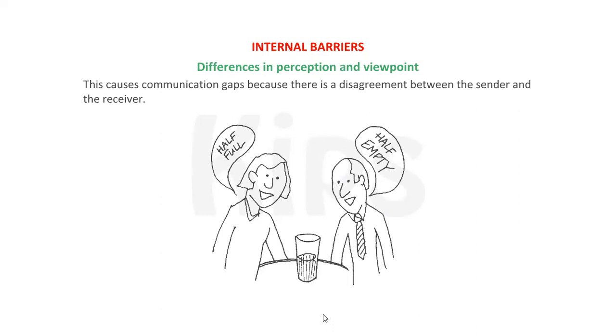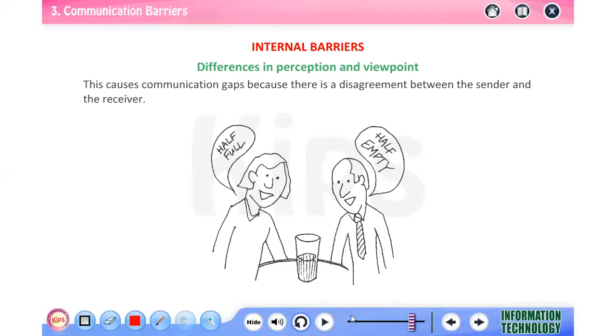While the sender is communicating, the receiver might not be in a state to receive it, or the receiver is not in a state to communicate, and the sender is forcing him to communicate. So that's how this is an internal barrier.